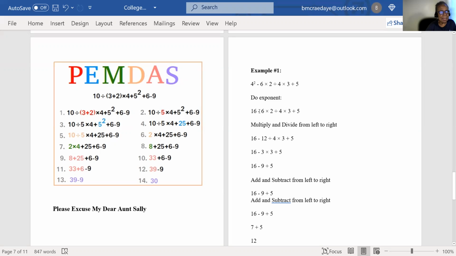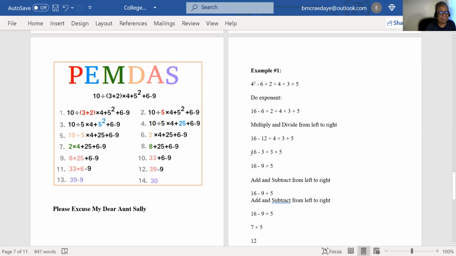So 16 minus 6 times 2 divided by 4 times 3 plus 5. Now, after the exponent, what do you see over here? Multiplication and division. So you do the multiplication and division from left to right. So the division is 12 divided by 4. That gives you the 3 here, right?